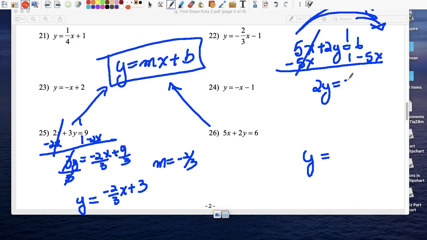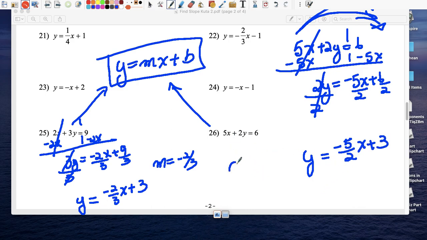So I'm going to write negative 5x plus 6. Divide everything by 2 to finally isolate my y. So that goes away. And the y is finally by itself. But don't forget, I divide this by 2 and divide this by 2. So my slope ends up being negative 5/2 x. And the y-intercept is 3. So the answer to 26 is m equals negative 5/2.